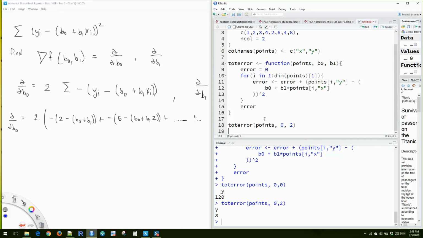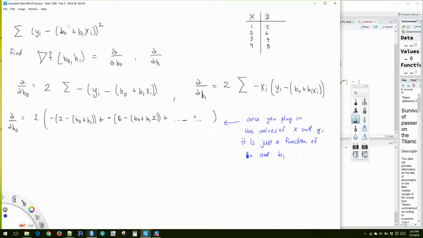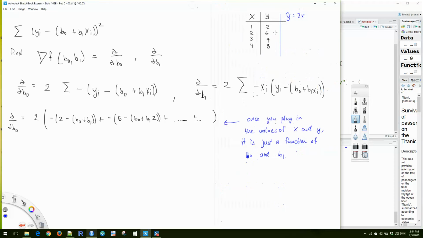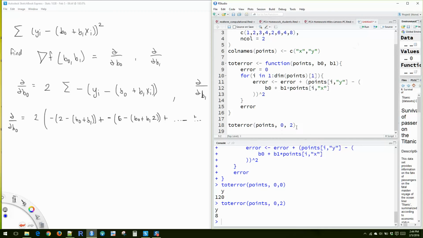A manual check of our data: if y hat is equal to 2x, which is basically what this is, intercept 0 plus 2x, our y hats would be 2, 4, 6, and 8, and our errors would be 0, 2 squared, 0, and 0, so our total error is indeed 8, so that seems to be correct.